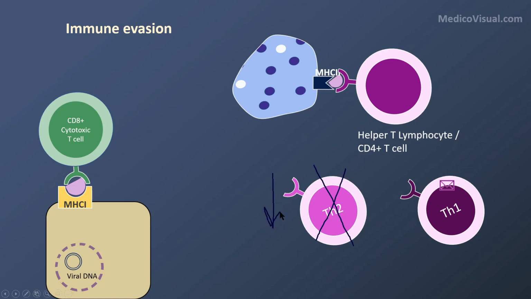So less Th2 and more Th1, which will lead to more cell-mediated immune response. But as I told you, this virus is very clever. It knows how to tackle this problem. It knows how to handle this army business, right?